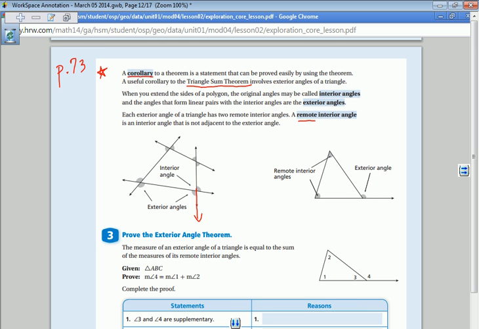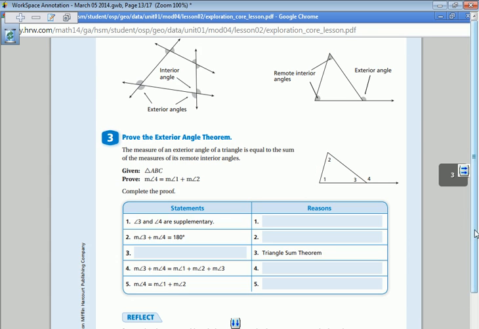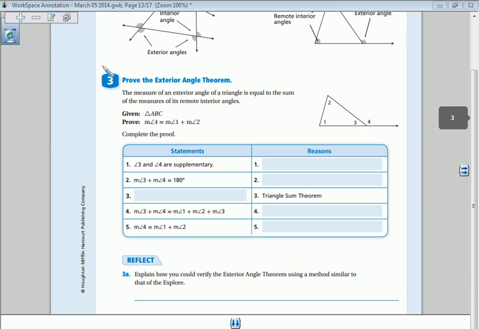And we're going to prove something about the remote interior angles. Okay, so this is example 3 in your workbook on the same page. We are given this triangle ABC, and I guess it really should be labeled then. And we're asked to prove that the measure of angle 4 is equal to the measure of angle 1 plus the measure of angle 2.